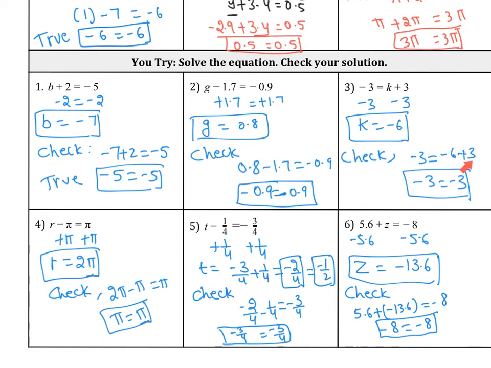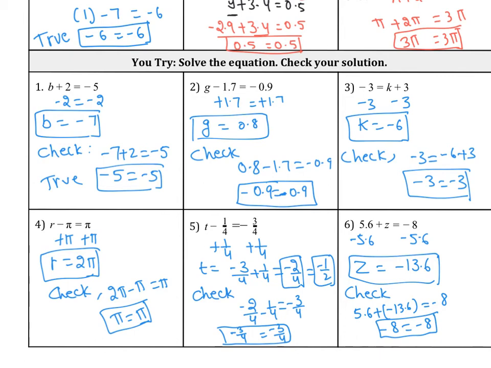So -6 plus 3. This side -3 and this side -3. So -3 equals -3. For number 4 here, you add pi on both sides. r equals 2 pi, and then checking it back the same way.